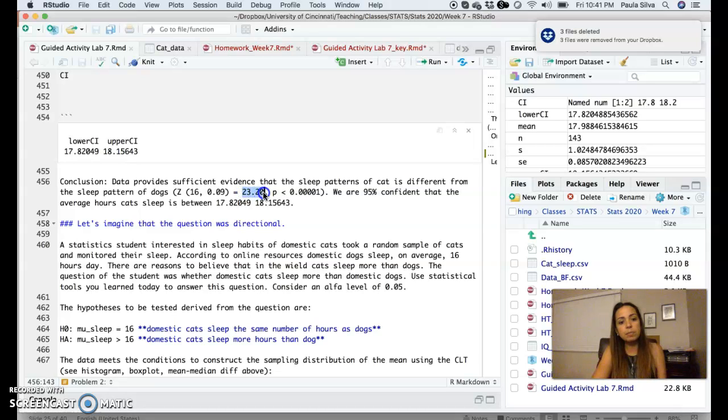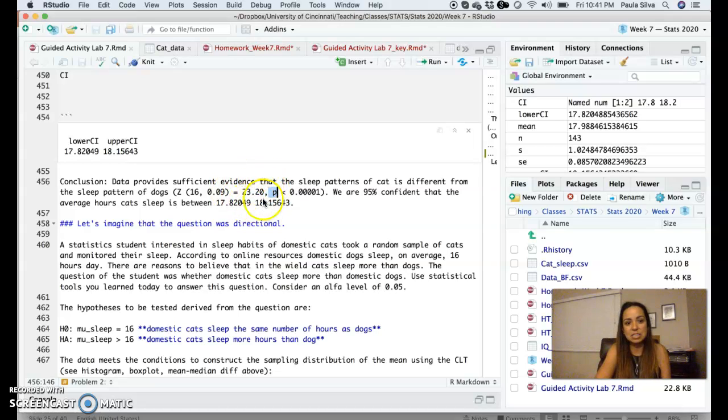And then that gave us a Z value of 23.20, and the probability of finding something as extreme as that in either direction, either greater than 23 or less than negative 23, is much, much less than 0.0001. And we're then 95% confident that the average hours cats sleep is between 17.82 and 18.15.